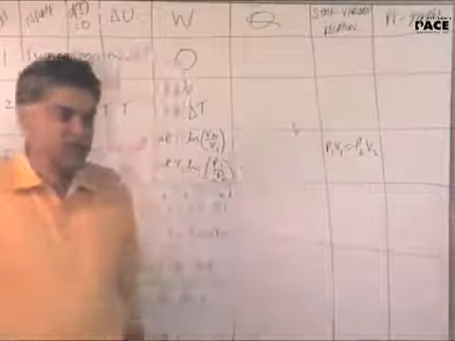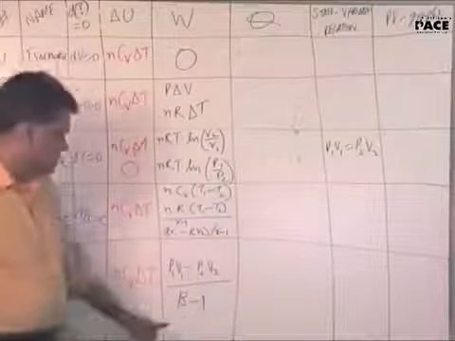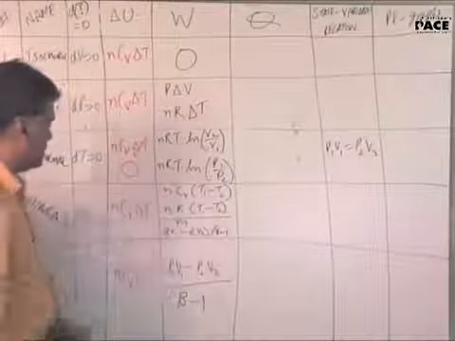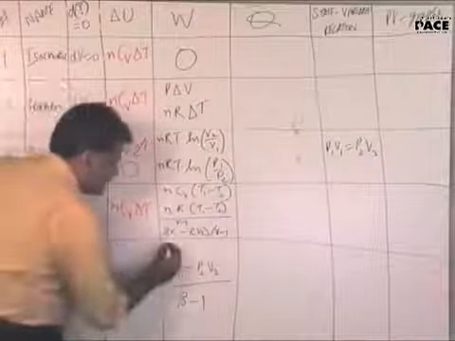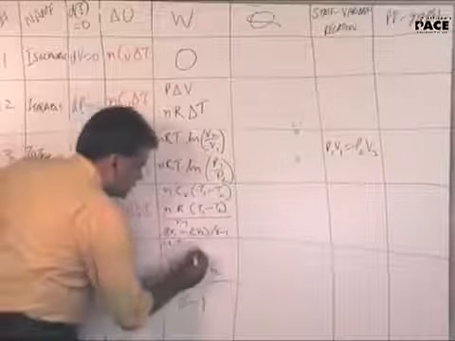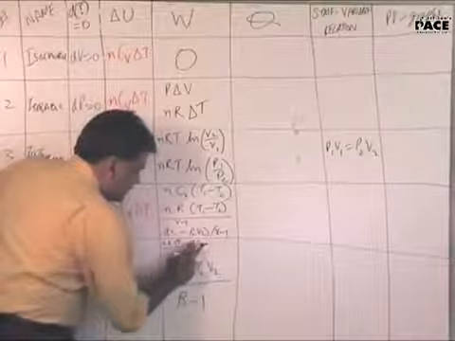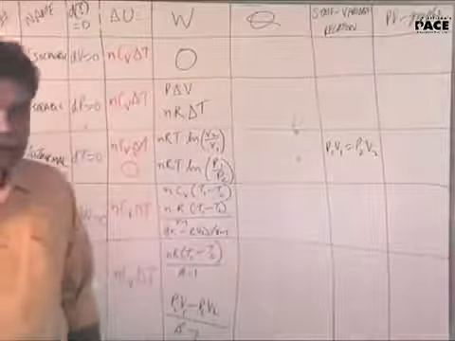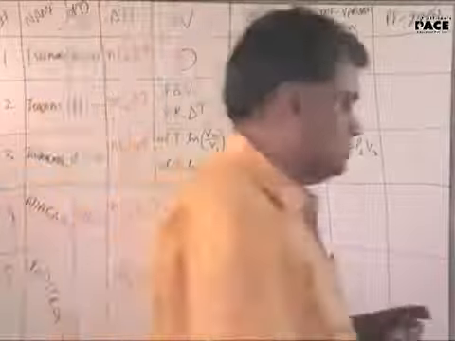The formula will be derived similarly, so we'll put that formula there. Both the formulas will be valid. This one will also be there: nR (T1 minus T2) by beta minus 1, like that. Okay, we move on to the Q column.